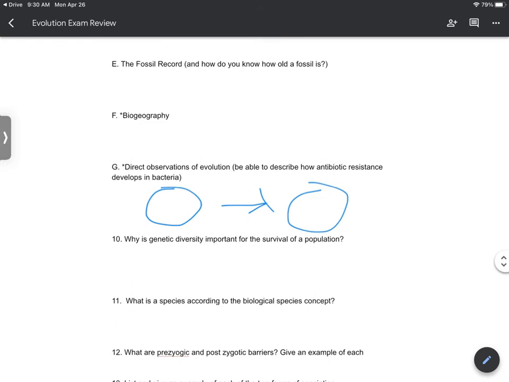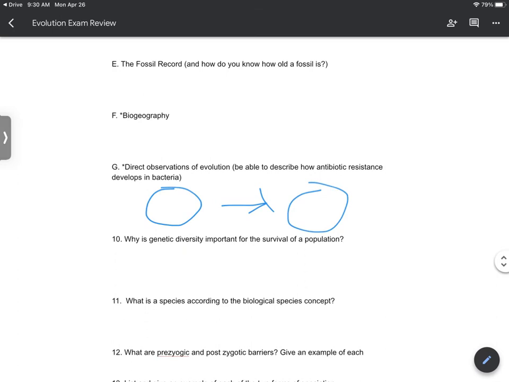A species, according to the biological species concept, is organisms that can reproduce together and produce offspring that is both viable and fertile. Prezygotic and postzygotic barriers are things that prevent closely related species from interbreeding and creating viable and fertile offspring. The prezygotic barriers would be things that prevent them from creating a zygote or a fertilized egg in the first place.